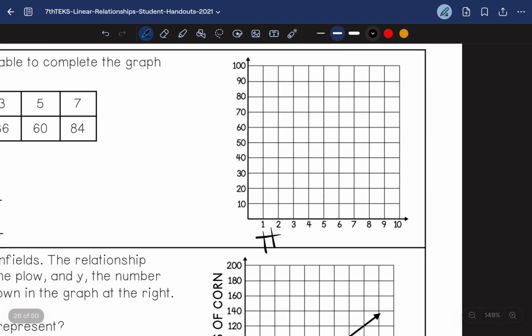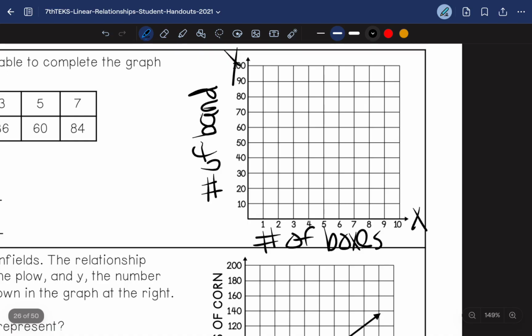So I'm going to put number of boxes and x, and then y is the one that goes up and down. So then my y values is going to be number of band-aids or bandages, whatever you want to write.